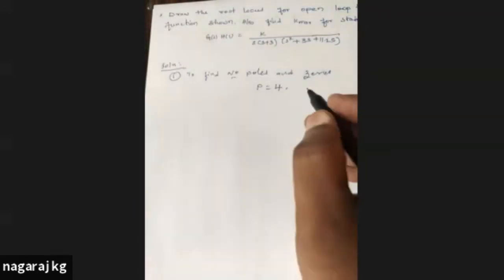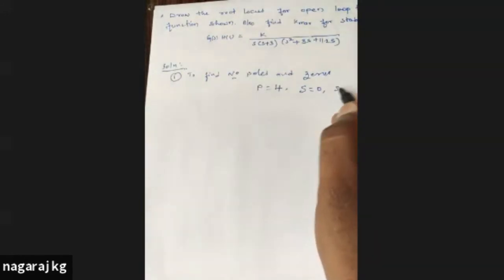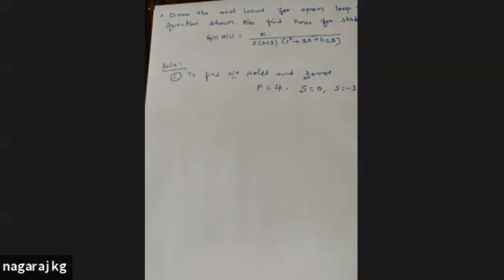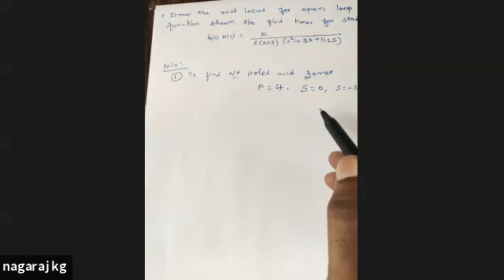At s equal to 1, you have one pole. At s equal to minus 3, you have one more pole. When you get the roots of this second order equation, you are going to get two roots.